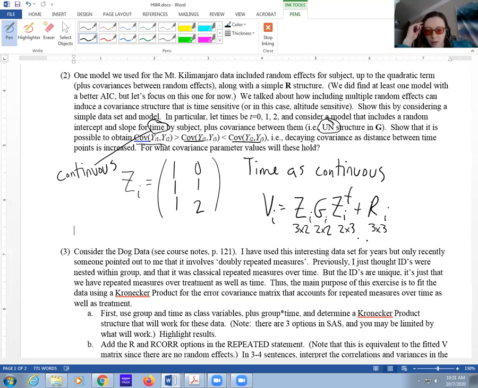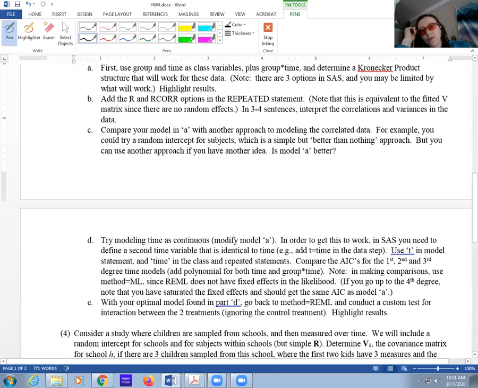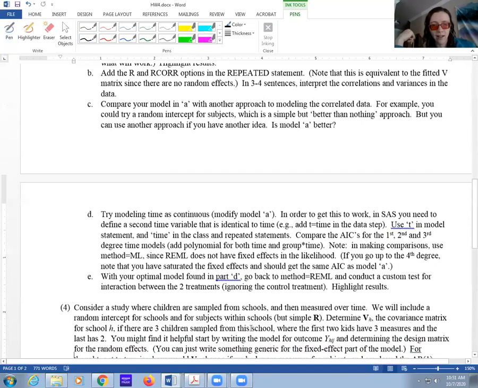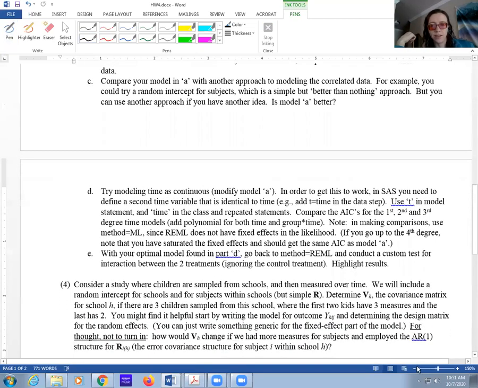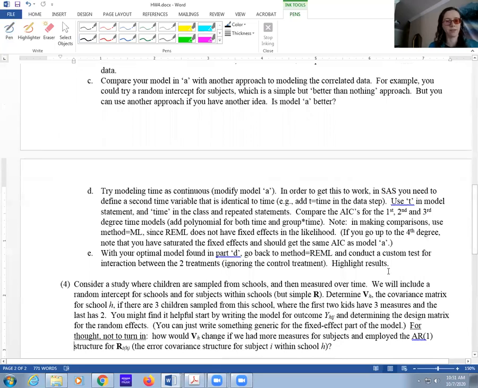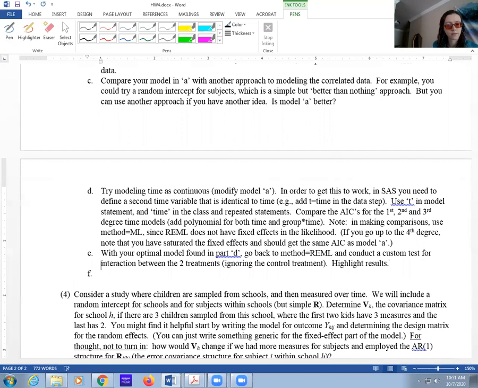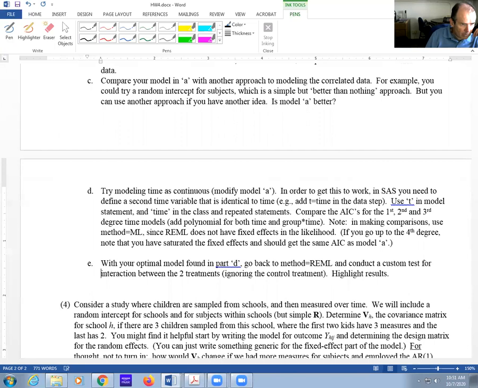I have just a logistics question on 3E. It asked to work with what we found as our optimal model in Part D. And I didn't know if the models we're considering include the time as class or the fourth degree model. I'm sorry, as I was going to E, I lost track of your question.